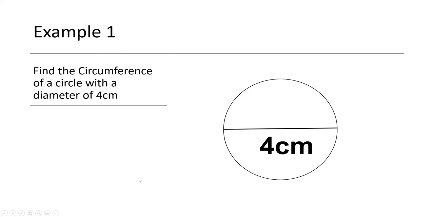So let's go through some examples. So find the circumference of a circle with a diameter of 4. So if the diameter is 4, and we know that the formula is circumference is equal to pi times diameter, okay, and it's told us that the diameter is 4 centimeters.